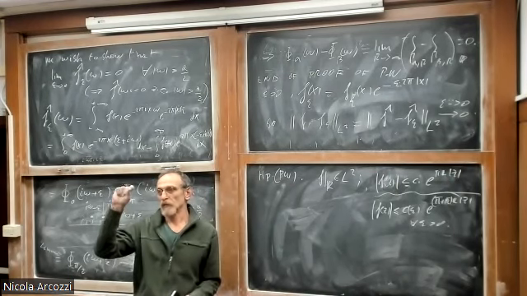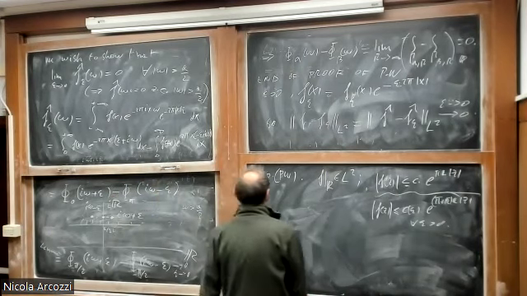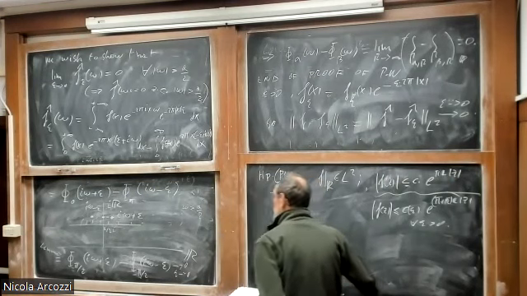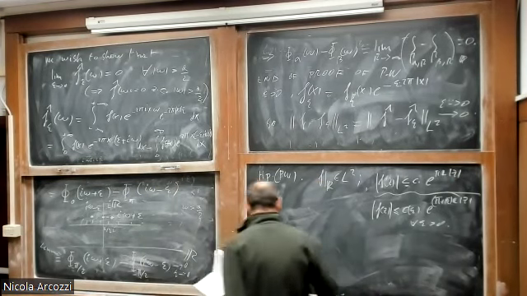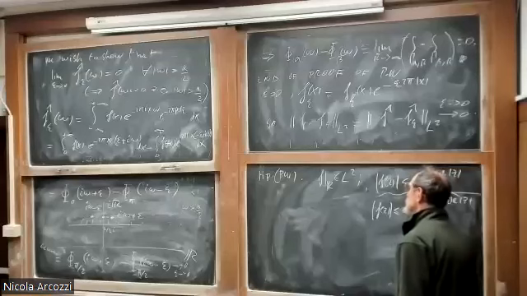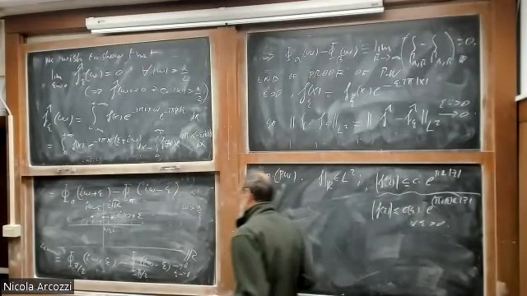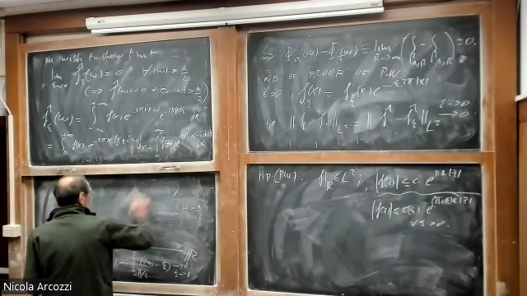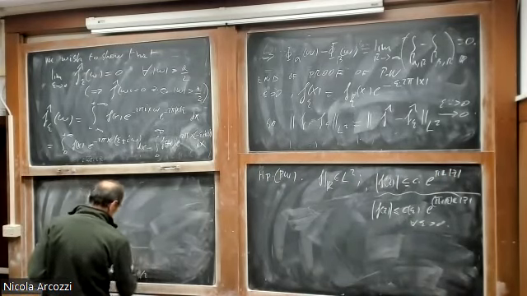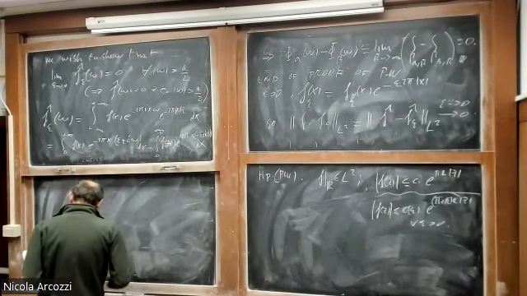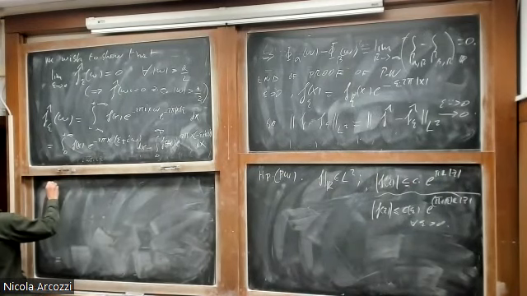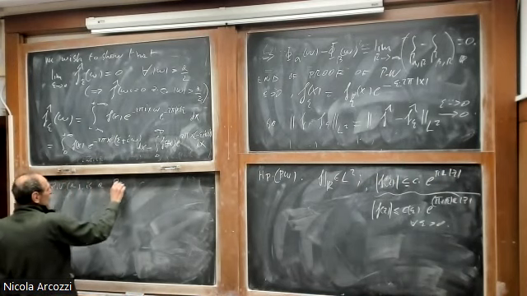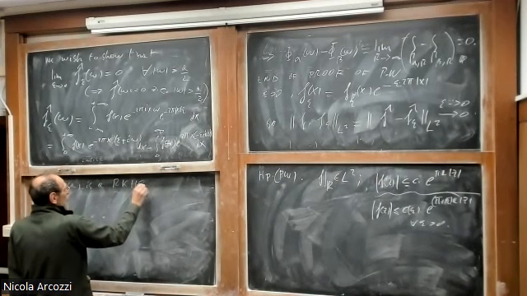We are always in an open set. Second remark, about the reproducing kernel. So PW is a reproducing kernel space.